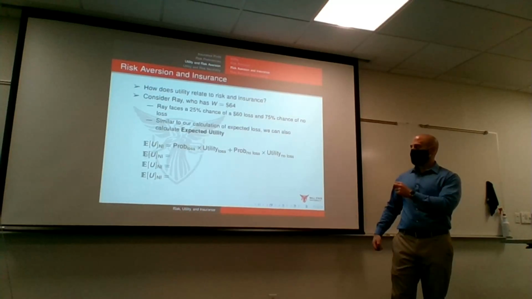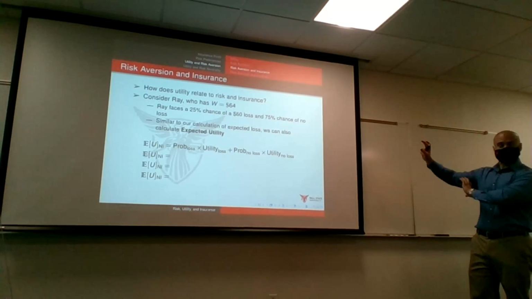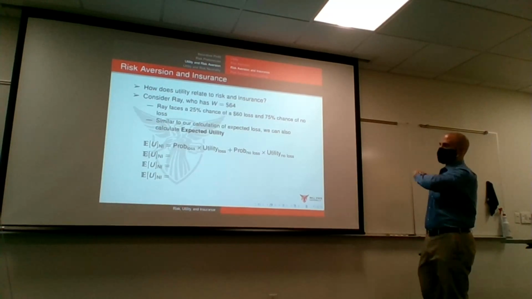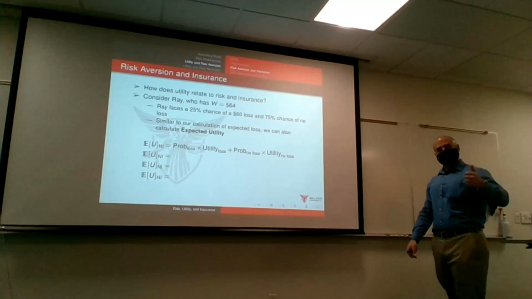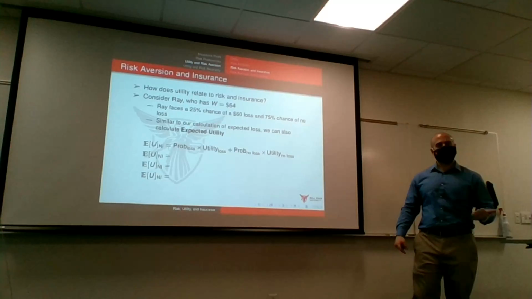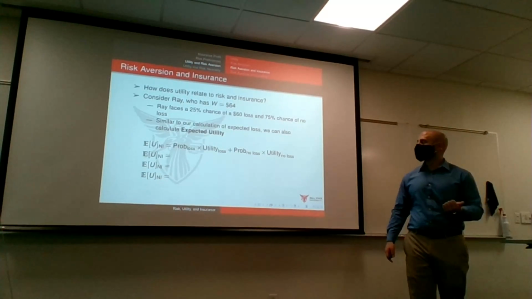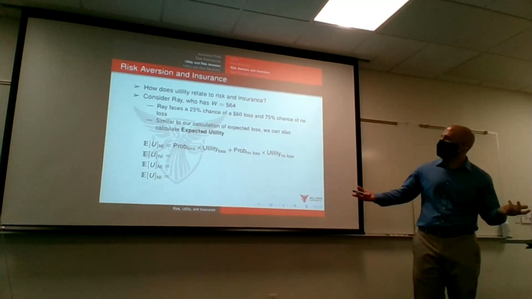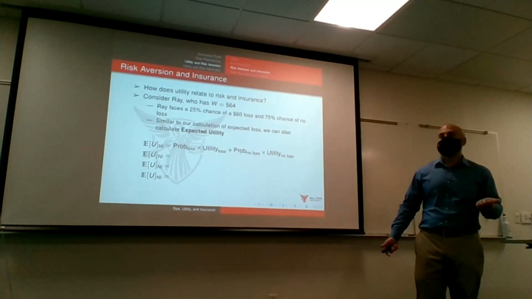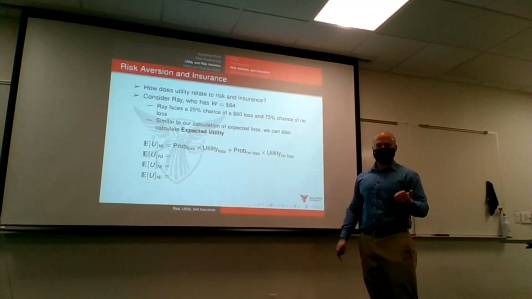Well, let's take Ray. The graph is actually depicting all of these things we're working through, and we'll come back to it. Ray has initial wealth of $64. He has a 25% chance of a $60 loss. 25% of 60 is $15. He expects to have $49 on average. He's either going to have 64 or 4, but on average he's going to have 49.